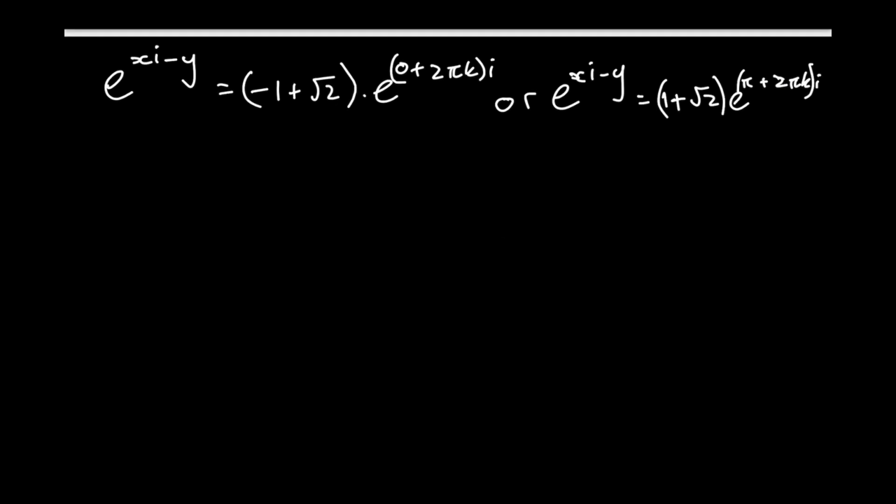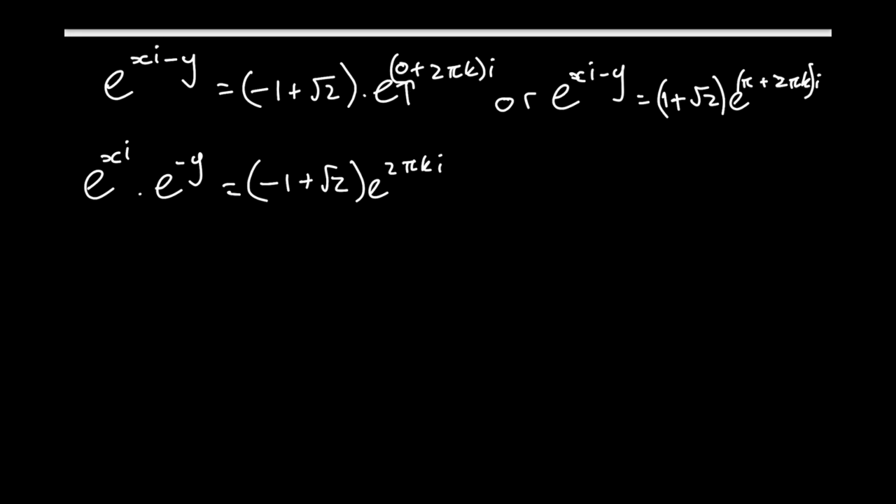Now we're going to split these exponents up: e to the xi times e to the minus y, which is the rule of exponents, where if we're multiplying two numbers with the same base, we can add the exponents. We're simply doing the reverse of that. This equals minus 1 plus the root of 2 times e to the 2 pi k i. I've dropped that 0 because 0 plus anything is still itself. The other equation is e to the xi times e to the minus y equals 1 plus the root of 2 times e to the pi plus 2 pi k i.